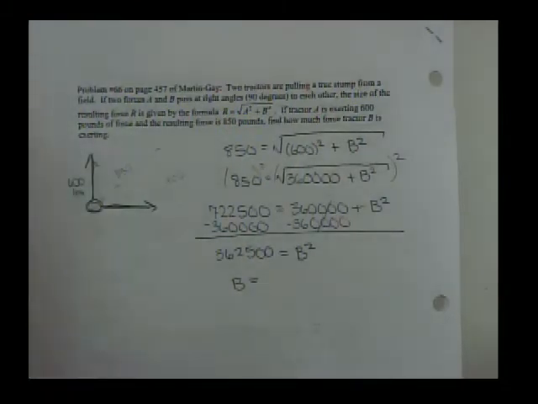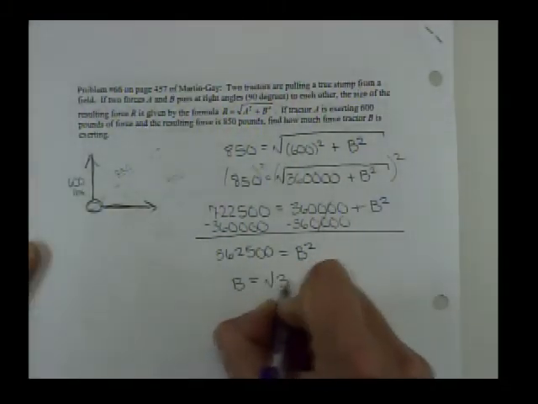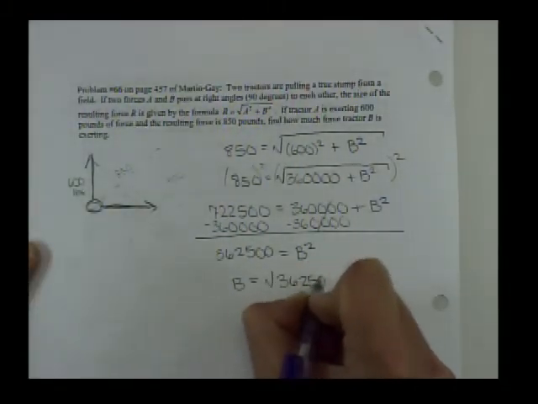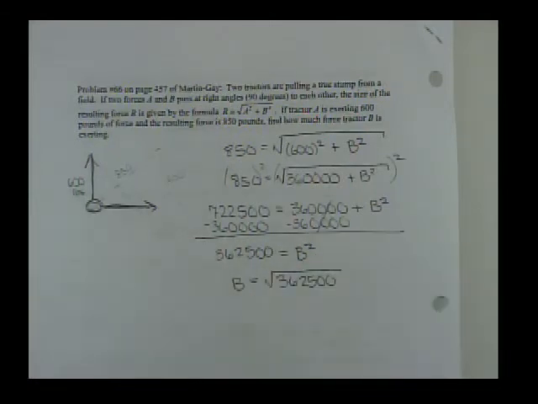Yeah, we take the square root, and we'll do the same thing we did with the last one. We'll find an exact answer, and then we'll get an approximation. What are the units on this? Pounds.